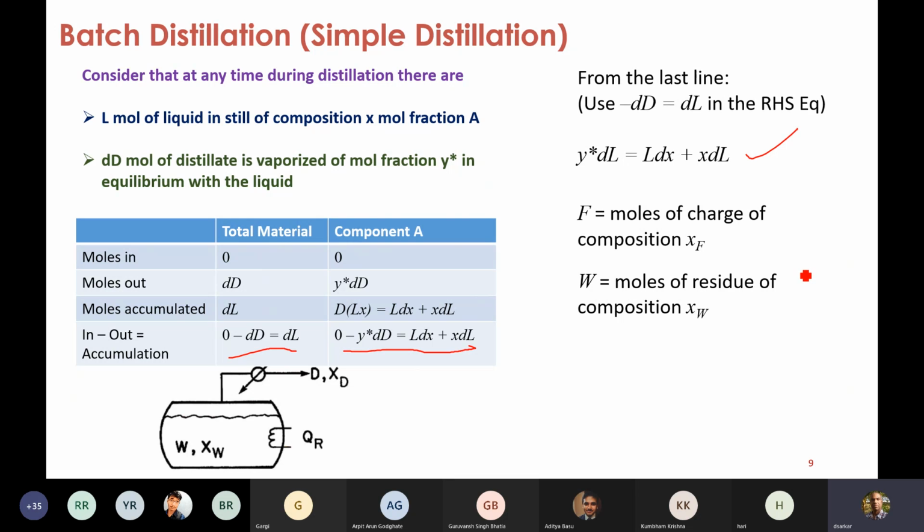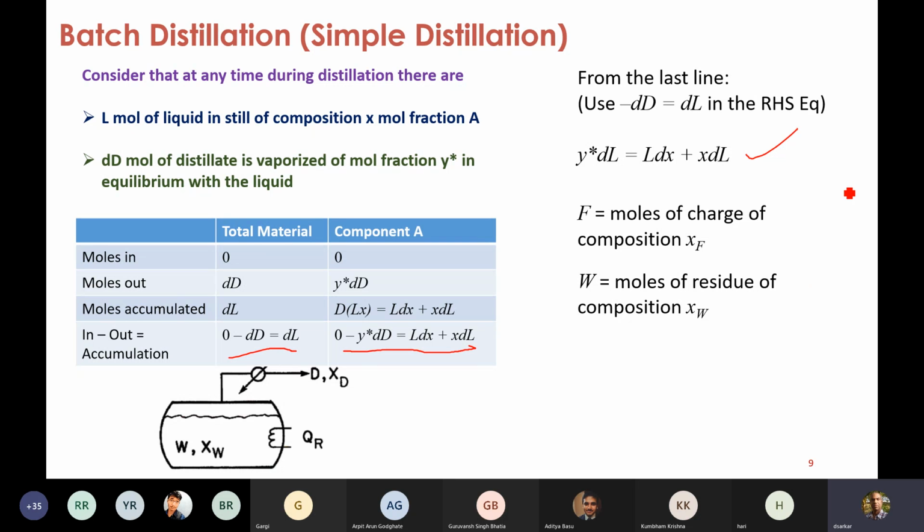So from the starting composition to the end composition, let us say we initially start with F moles of the binary mixture with composition XF, the feed mix. So that is the characterization of feed. You have F moles of the charge of composition XF. Note that all these things are in terms of more volatile component A. W is moles of residue of composition XW. Okay.